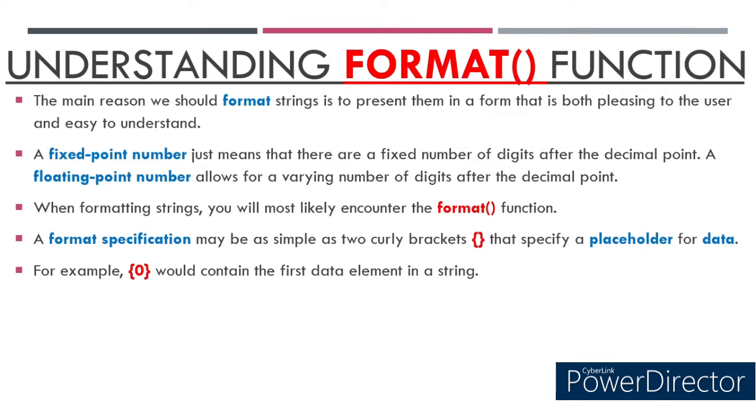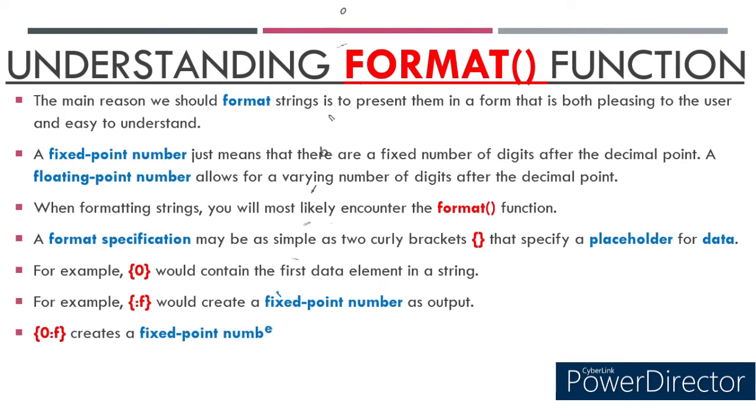When you want to create just a formatting specification, the curly brackets contain just the colon and whatever formatting you want to use. For example, this would create a fixed point number as output. If you want to number the entries, the number that precedes the colon, as shown, creates a fixed point number output for data element 1.